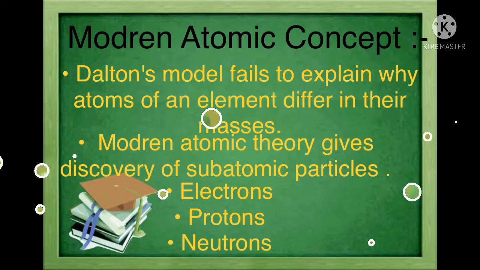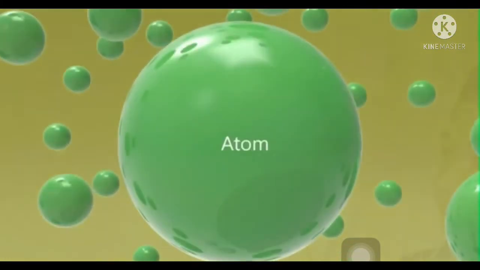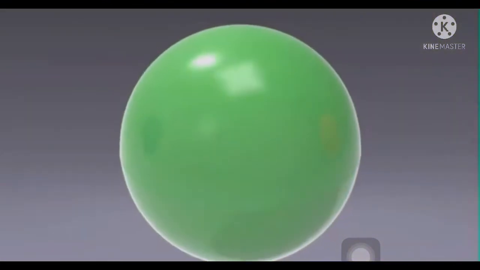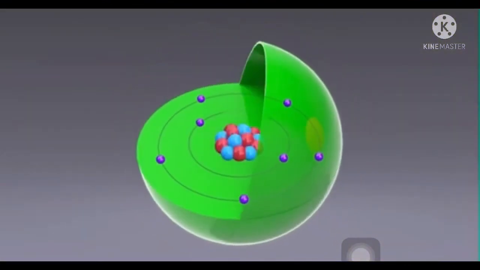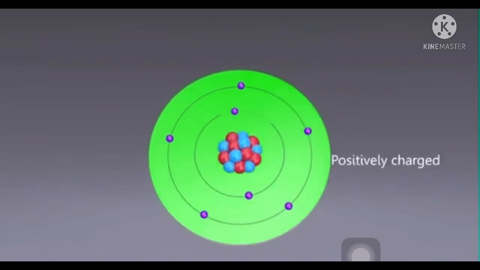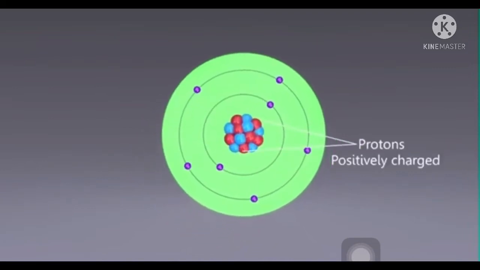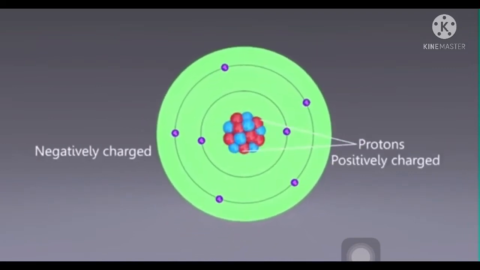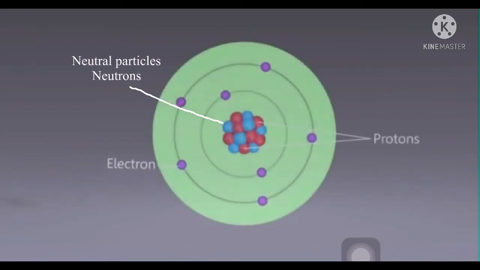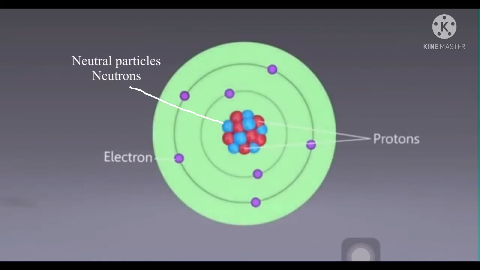We all know that everything around us is made up of atoms. The atom has subatomic particles: positively charged particles are called protons, negatively charged particles are called electrons, and neutral particles are called neutrons.